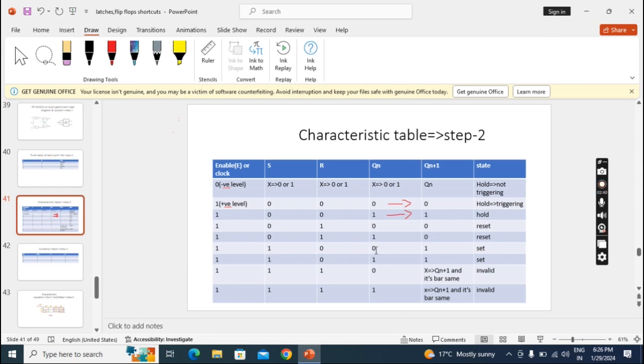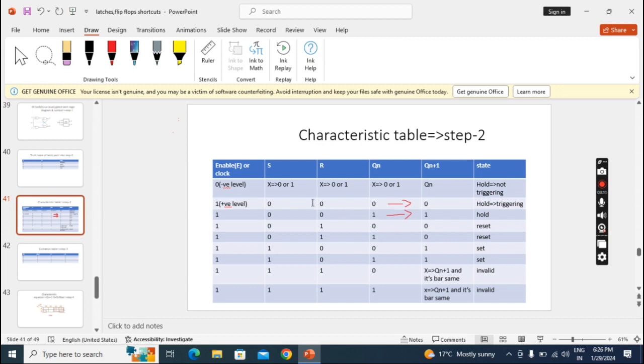Like that, Qn can be 0 when inputs are 1 0, or it can be 1 also for 1 0. And finally, Qn can be 0 for inputs 1 1, and it can be 1 also for inputs 1 1. Okay, like that we have to write. In any gated latch or any flip-flop, we have to write like this only. Remember. Now we'll see Qn+1 values and state names.